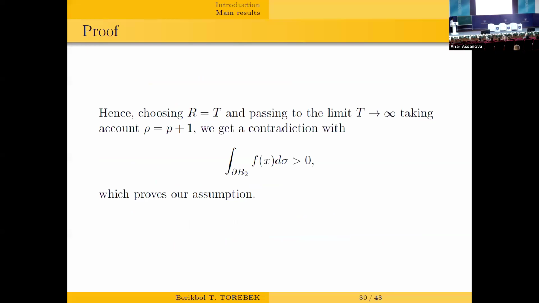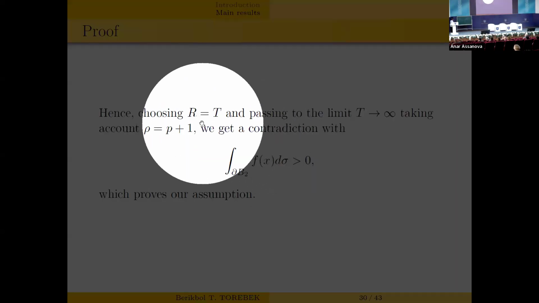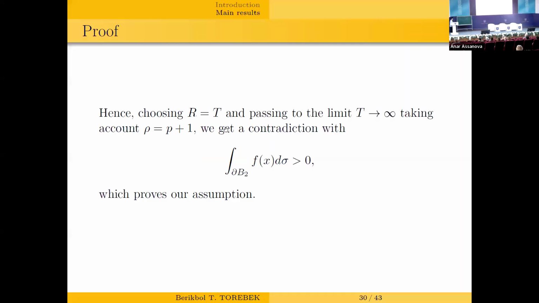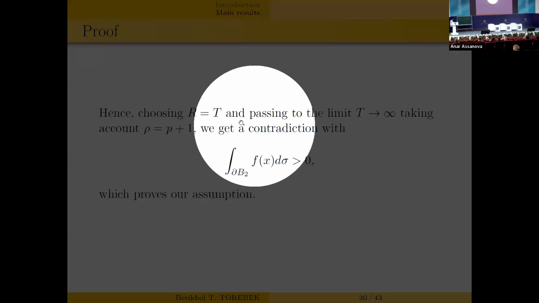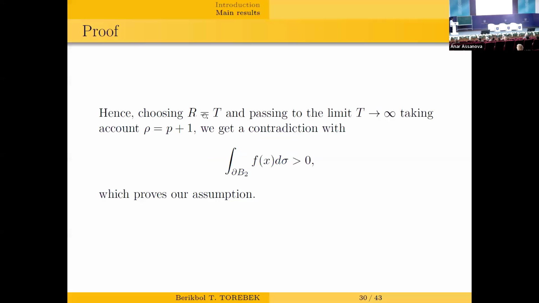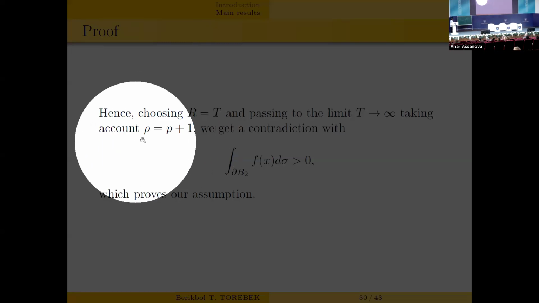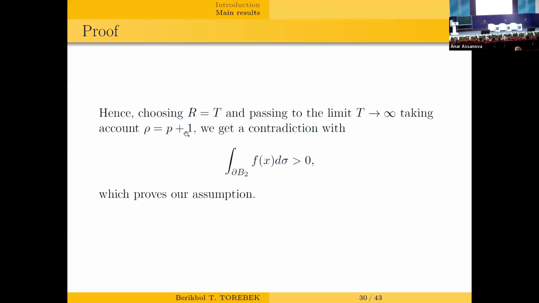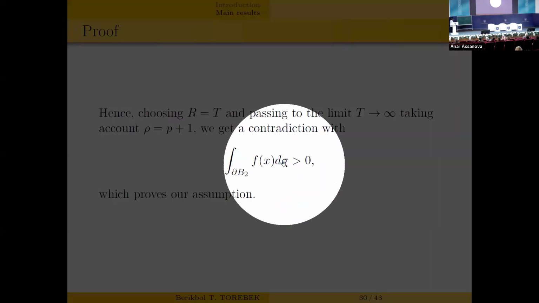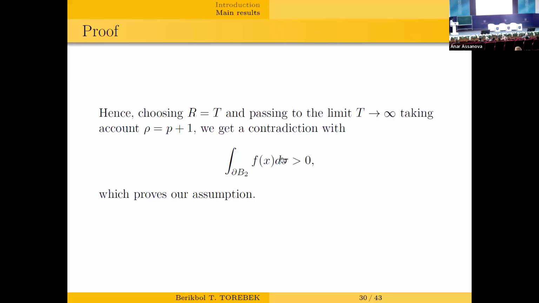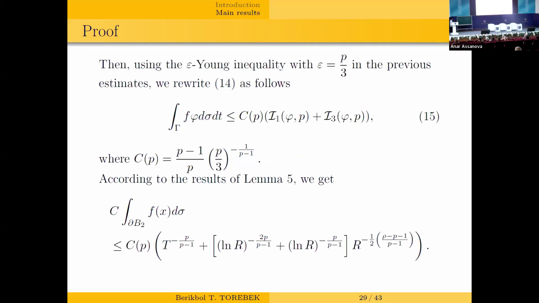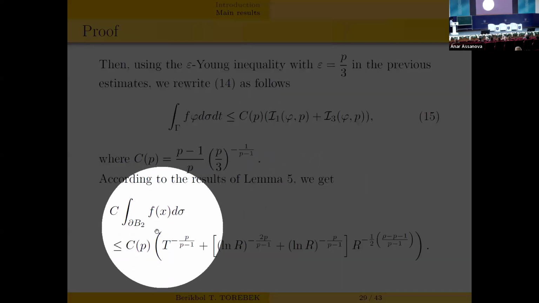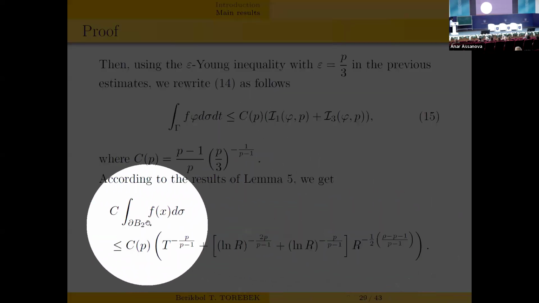If R and capital T are sufficiently large, we can write capital T instead of R. Then if rho equals p minus 1, and the integral of f on the boundary is strictly positive, then passing to the limit as capital T goes to infinity, the right-hand side of this integral inequality goes to 0.